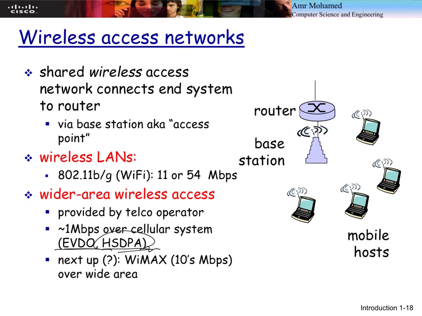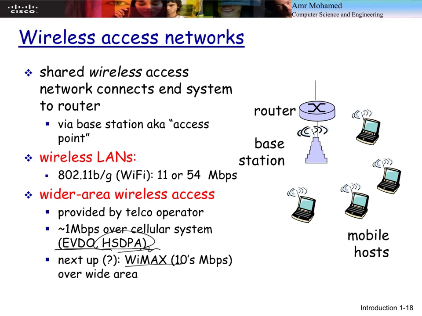So LTE is the early start of 4G, and then LTE Advanced is the 4G and so on. All these technologies, or WiMAX, but WiMAX is almost dead now, is dying and is losing ground to LTE.